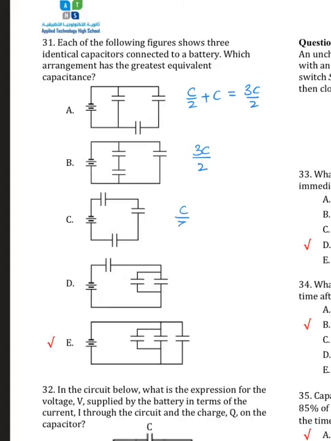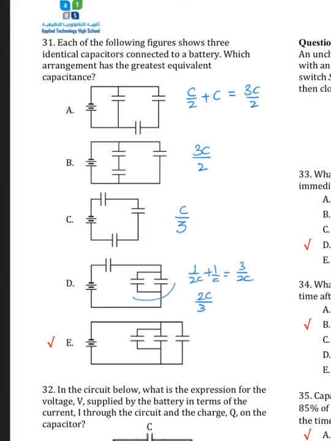This will be C over 3. Here the parallel will give you 2C, and that's C in series with 2C.